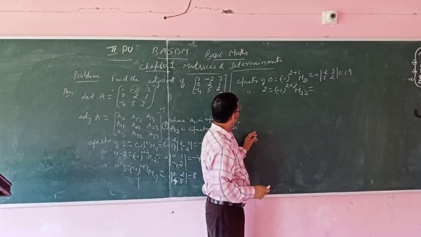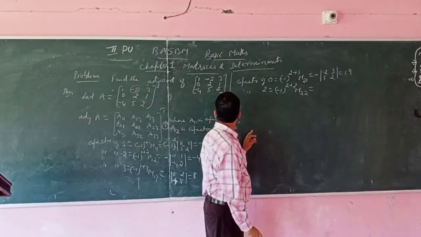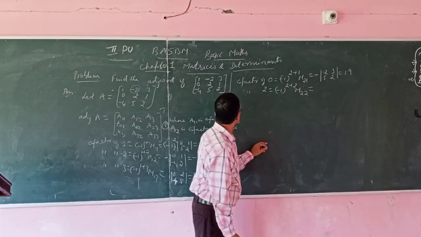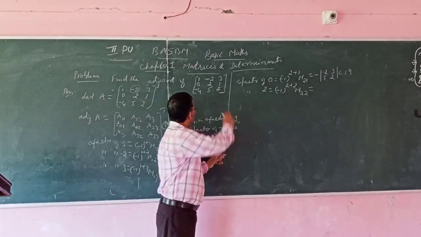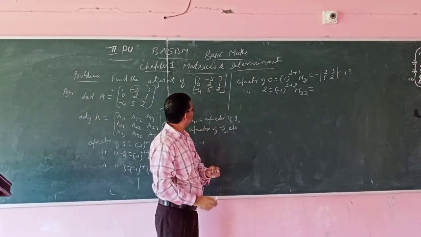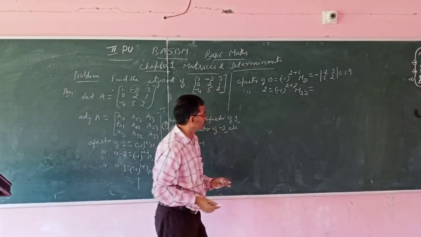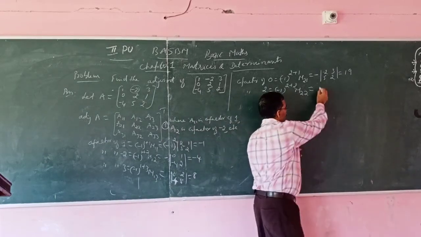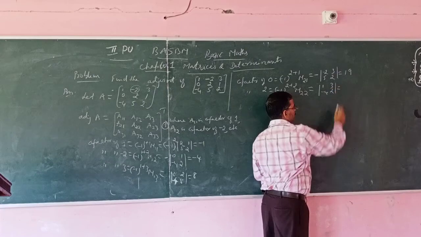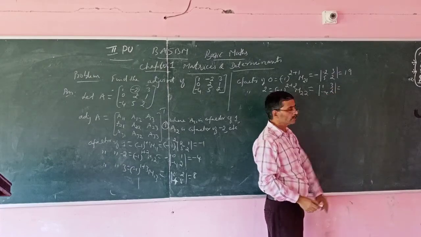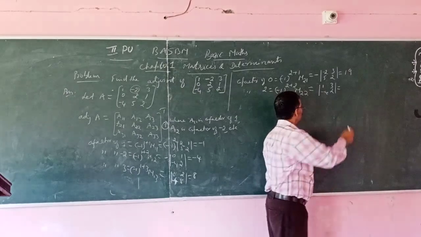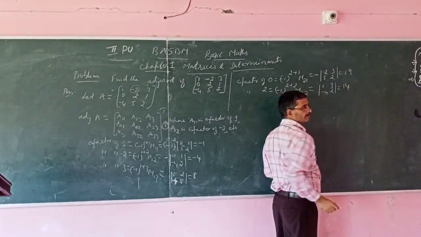This is plus sign. m22 means don't consider this row and column, so 1 3, minus 4 2. This is nothing but 1 into 2 is 2, 4 into 3 is 12. So 2 plus 12 it will be 14.